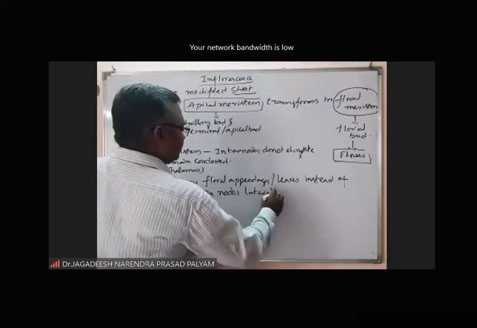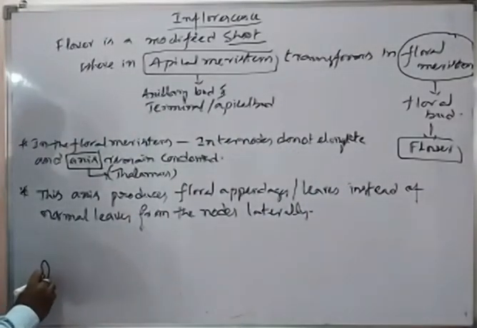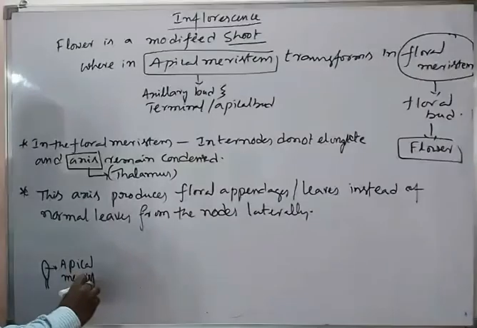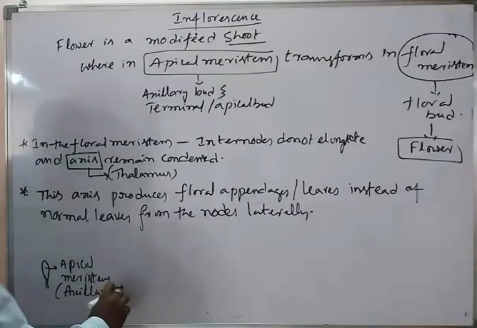Laterally. For example, think that this is apical meristem. Apical meristem means apical axillary bud or terminal bud.